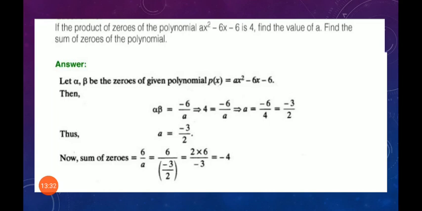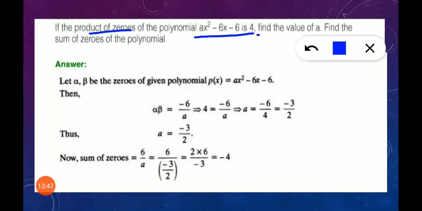If product of zeros of the given polynomial is 4, then find the value of a. If you see the polynomial, it is a x square minus 6x minus 6, and product of zeros is given as 4. We have to find out the value of a, and then we have to find the sum of zeros. So product of zeros is alpha into beta. According to the formula, it is, sorry, it is c by a, so it becomes minus 6 by a, and it is equal to 4 given.